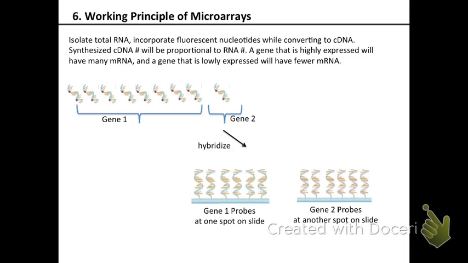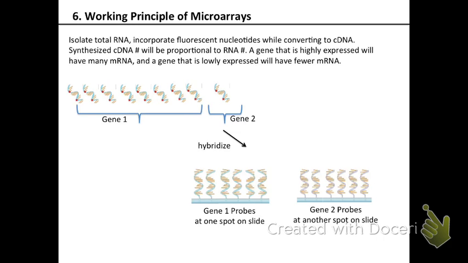All right, so here's the working principle, just to summarize. You isolate total RNA, you incorporate fluorescent nucleotides while converting to cDNA. The synthesized cDNA number then will be proportional to the initial RNA number, right?